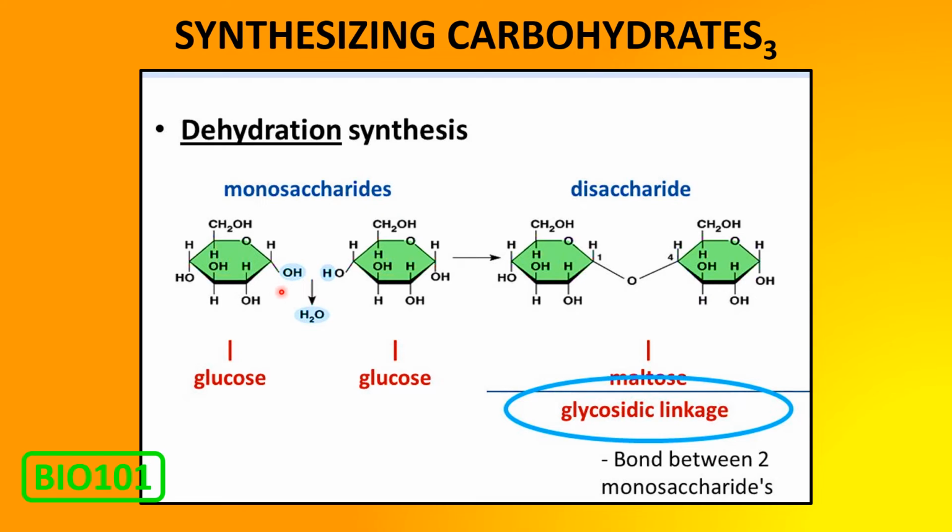We're going to pull the OH from one, and pull an H off of the other. That's your water, and there it goes. Now we have an open situation here, so these two can link together via that free oxygen, and now we have this disaccharide, this double sugar, this sugar made of two units of glucose. By the way, it's called maltose. But this is your glycosidic bond right there.